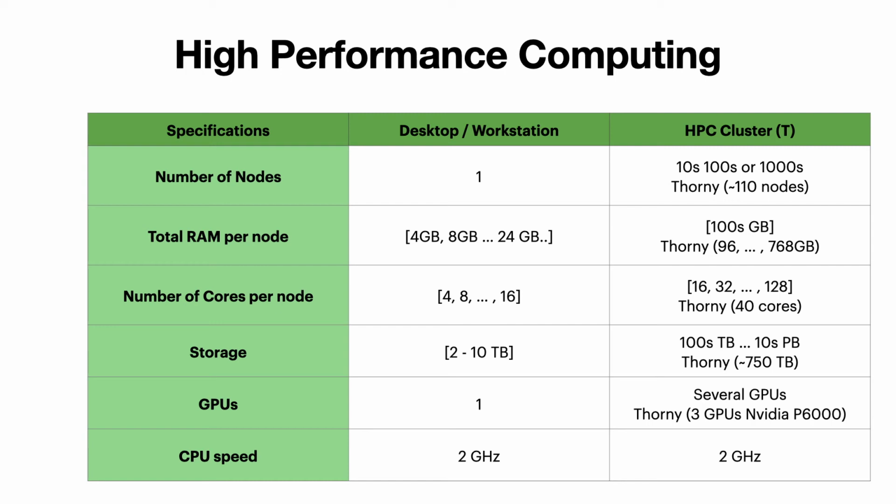And the number of cores per node. So this is the number that has been growing over the last years. 20 years ago, usually computers have just one CPU, and that CPU has one core. Those cores cannot become faster because we reach thermodynamic limits for them, so they will produce too much heat on that small area.